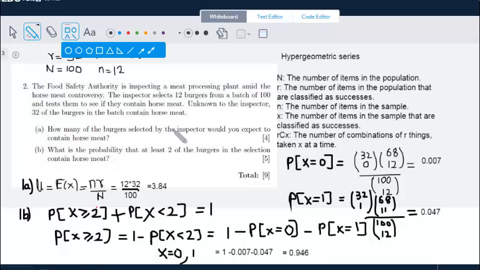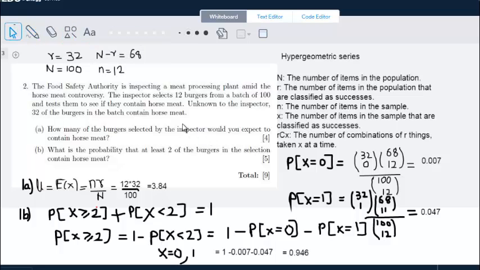As expected, since 3.8 is the expected number, obviously there would be at least 2 burgers containing horse meat. That's why we are getting 0.946, or 94.6%, as the probability.